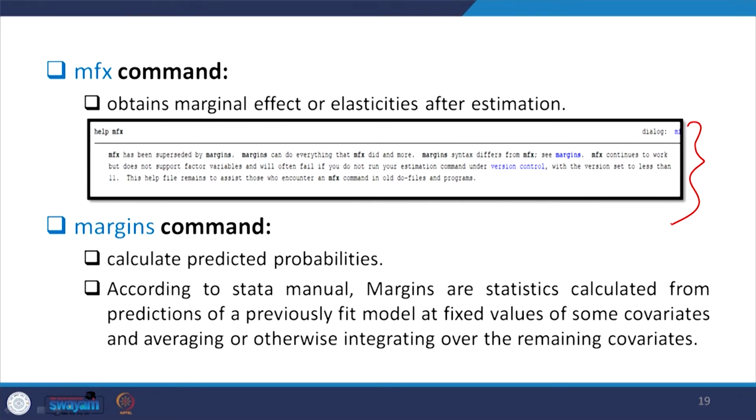Since we have taken dy by dx, somewhere we are linking to the elasticity of the estimation. The margins command also helps in giving the predicted probabilities.